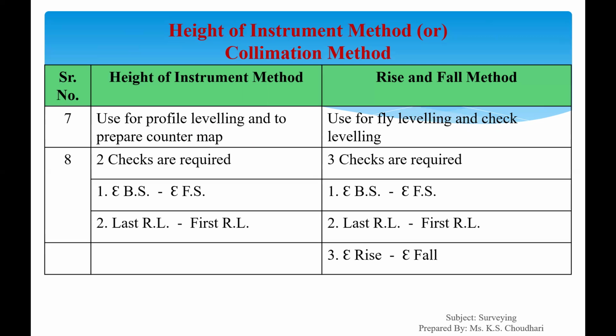Number two, last reduced level minus first reduced level. Number three, summation of rise minus summation of fall. Okay. These are the checks of the rise and fall method.